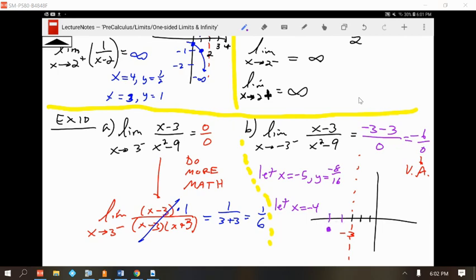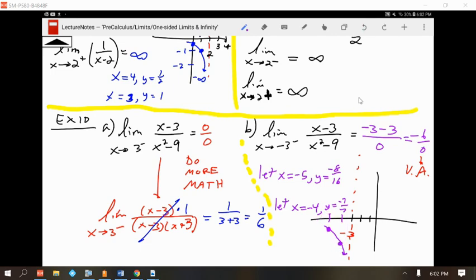Then let's plug in -4. -4 minus 3 is -7, over 16 minus 9, because -4 times -4 is 16, and 16 minus 9 is 7. And -7 over 7 is -1. Same situation as the last problem, example 8. So notice my graph gets closer to the asymptote and it's going to go down, because from -5 to -4, it went down.